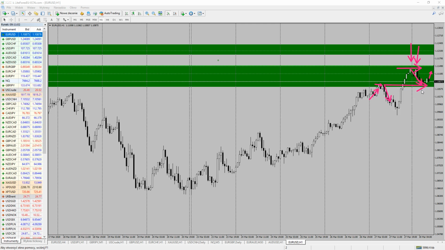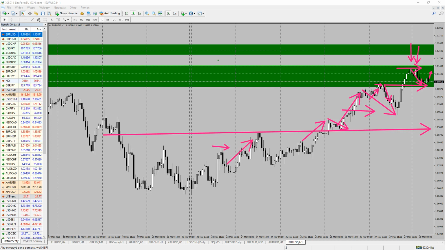It's a retest right now, so it's some kind of consumption, right? Then we had another break to the upside here. That was the consumption, right? Everything here, breakout, consumption, and stuff like this.